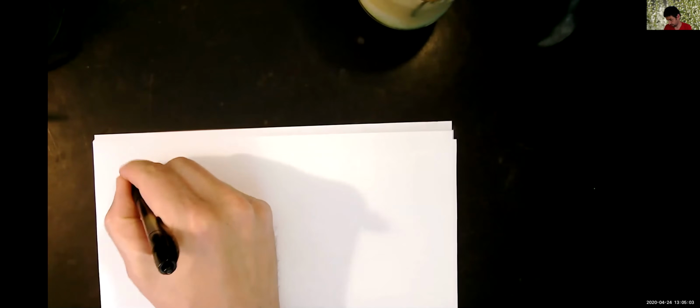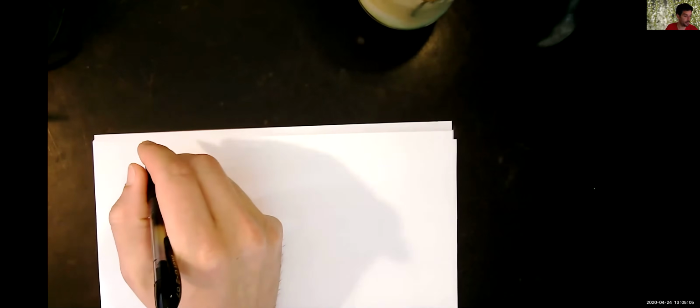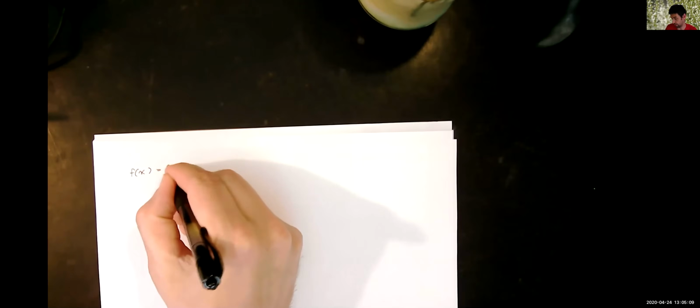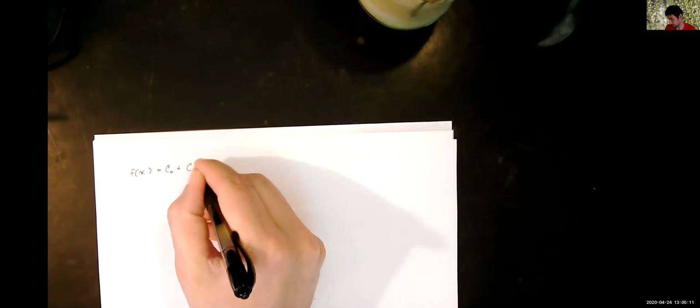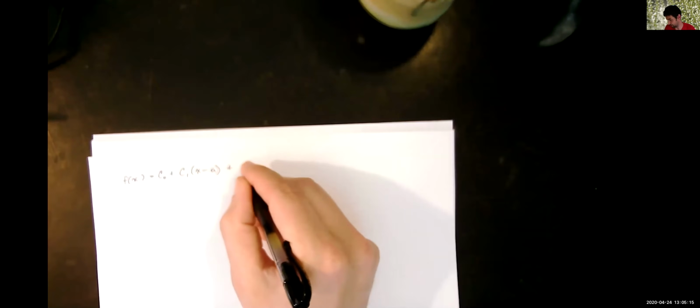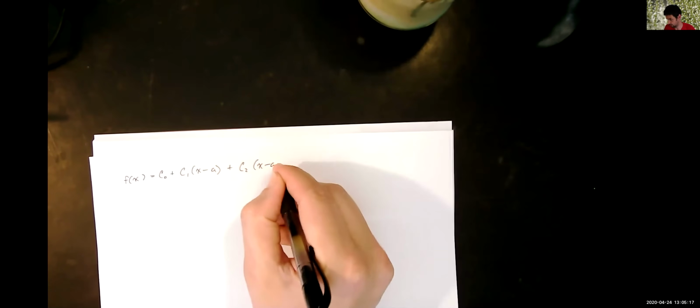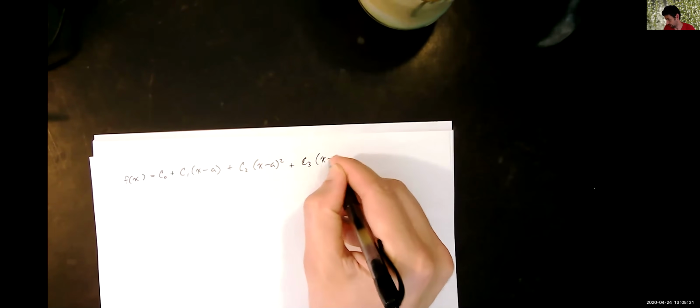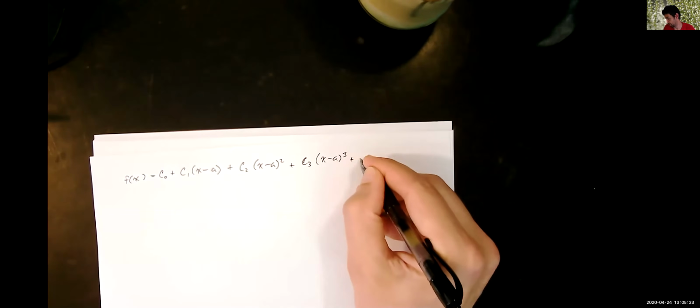So suppose we have a function that has a power series representation. In other words, we know that f of x is going to be equal to some constant term plus our typical representation of a power series.